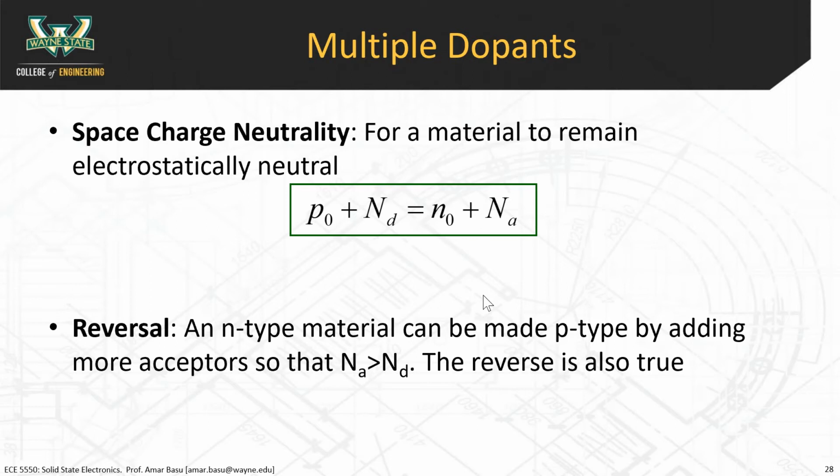So P0, what charge does the P0 have? This is a hole concentration. This is positive charge. And what is Nd? Okay, let's remind ourselves what Nd is. This is a column 5 element, let's say phosphorus.